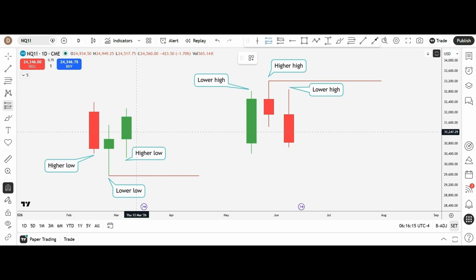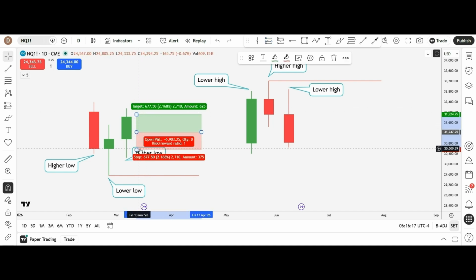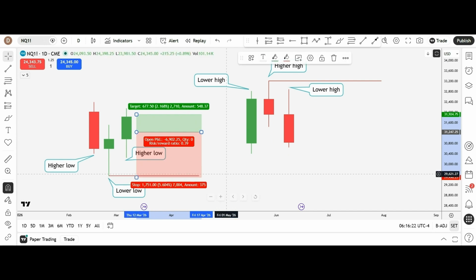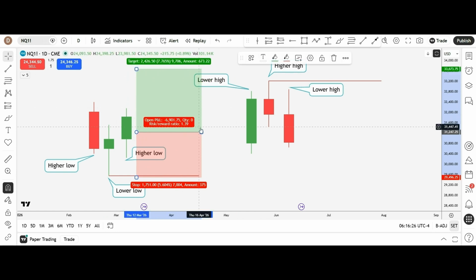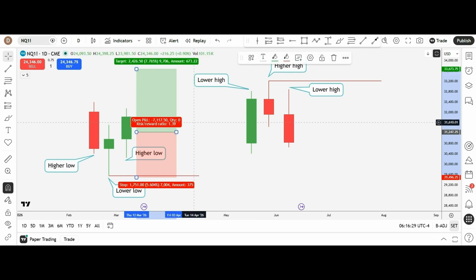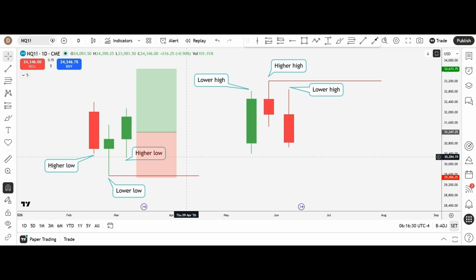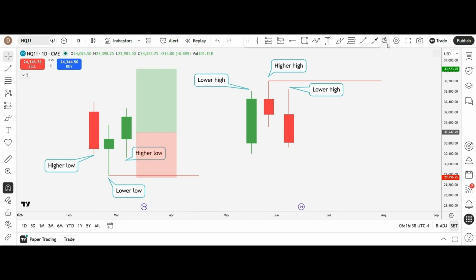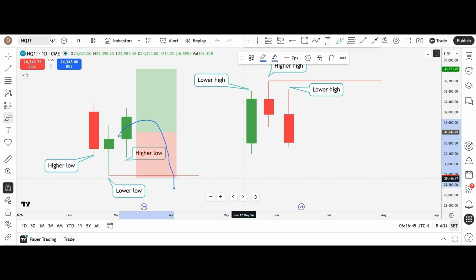And they may enter, let's say here, setting their stop loss below this swing point here, and of course targeting higher prices. What will rest below this swing low over here? All their stop losses, which will trigger if the trade is going to go against them.